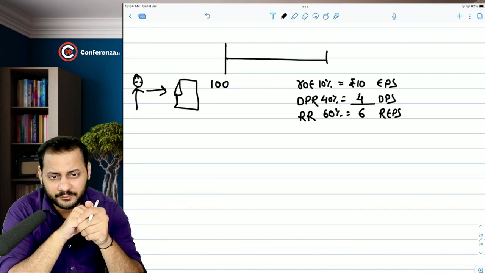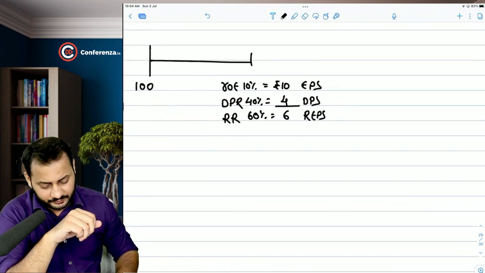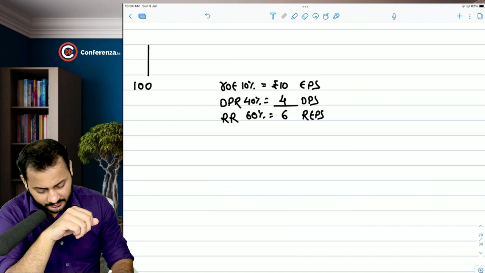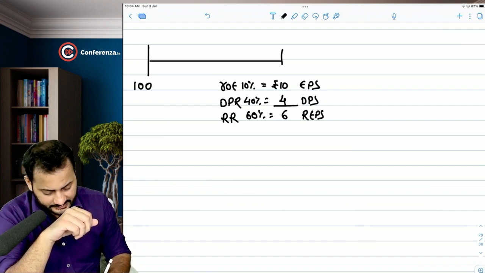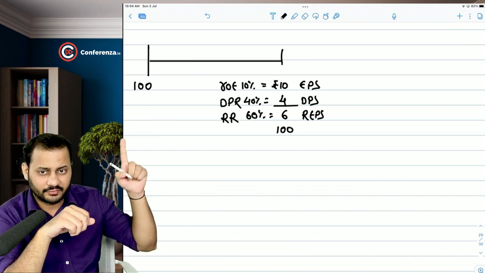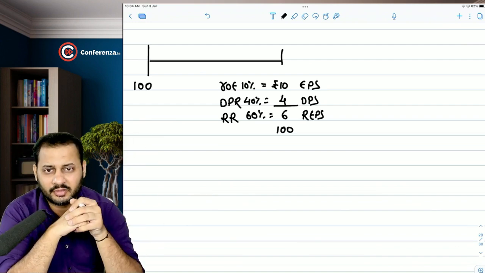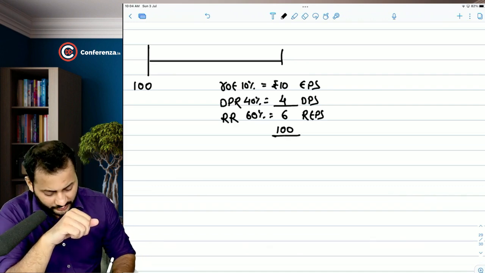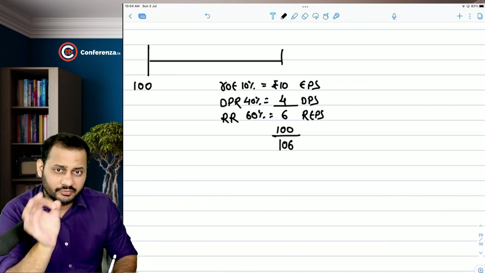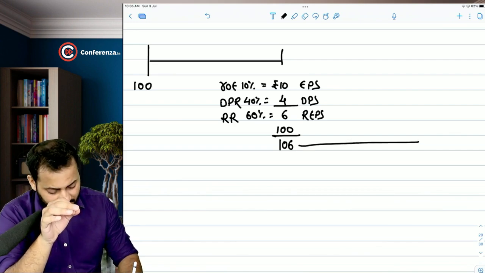That's cool. Okay, now tell me one thing. The very next year what will happen? Can I say the company has 100 rupees of yours with them and 6 rupees of the extra earnings out of 10 with them, and in total they are going to carry forward 106 rupees of the capital for the second year?